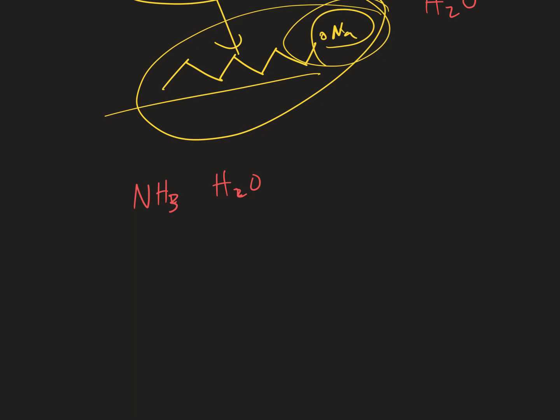No. So it's not this one. H2O, because of the difference between the electronegativity of oxygen and hydrogen. That's right. This difference is what? 3.5 to 2.1. It's 1.4. And this difference here is 2.1 to 3. What is it?